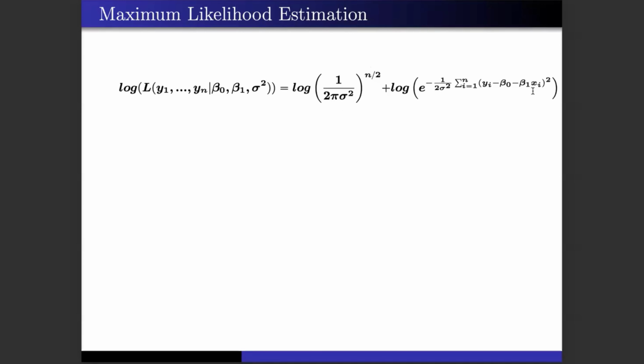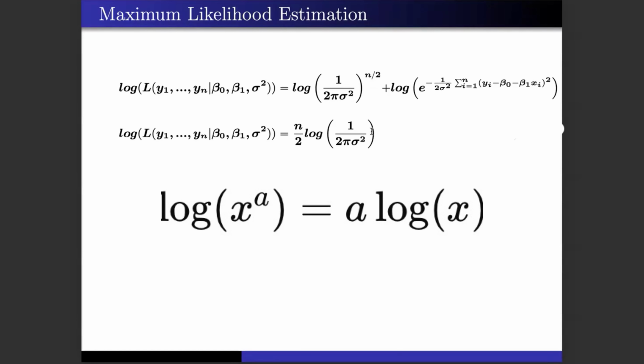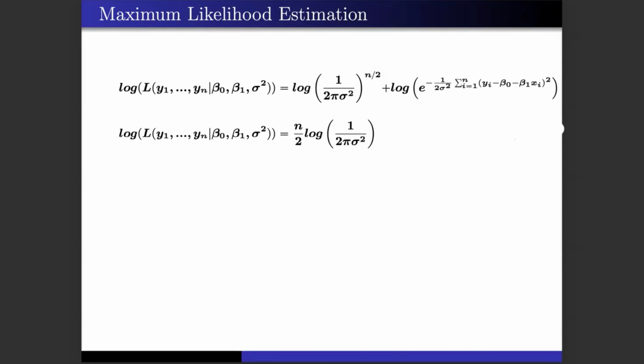And we can simplify it further by using another two properties of the log function. In the first term, we use the fact that log x to the power a is equal to a log x. So the quantity we have in the power comes to the front. And the first term is equal to n divided by 2 log 1 divided by 2 pi sigma square. And the second term would be just the quantity we have in the power of exponential function.